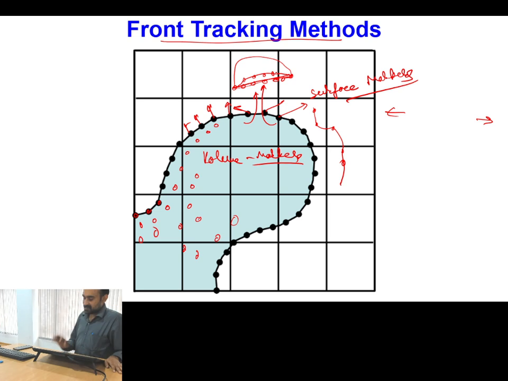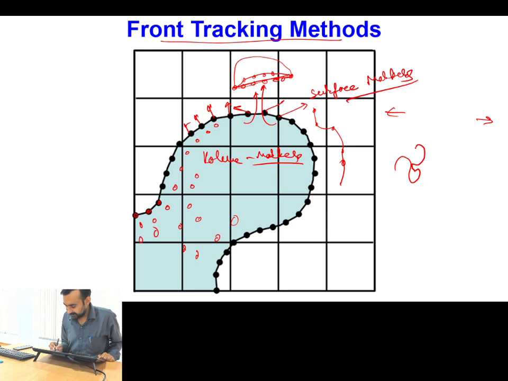With volume markers, this issue of interface stretching can be resolved. But these methods again have issues with complex interface shapes. It may happen that the interface shape is so intricate that it is entangled in itself. Now all these are your particle locations. Can you identify whether you need to follow this curve or join it like this? It will be very difficult to take a call.